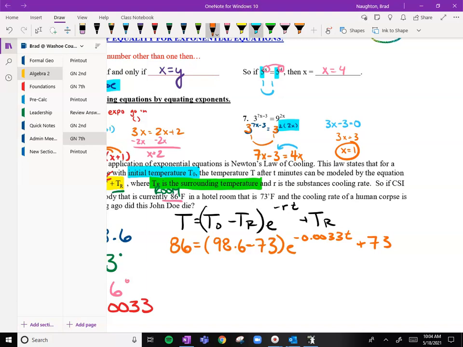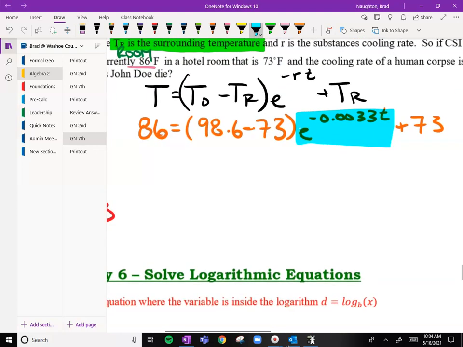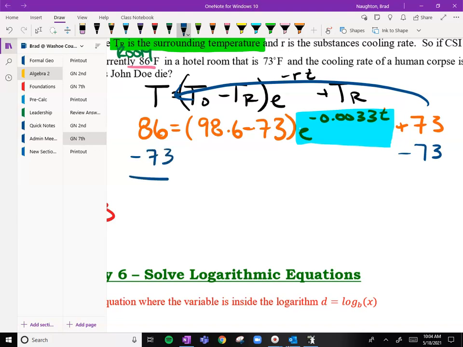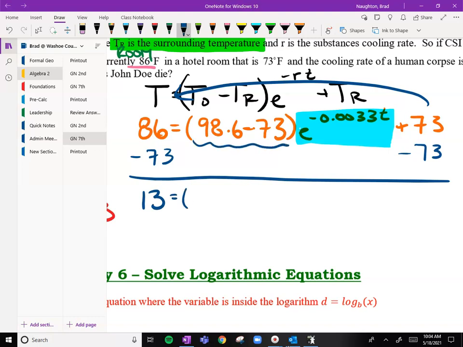So just as we did in the previous example, I need to get this by itself. This is my variable term. And so everything else has got to move. So the first thing we're going to do is move this to that side, so minus 73. So I'm going to go ahead and get 13, and then I'll do this math right here because I have a chance to do it.